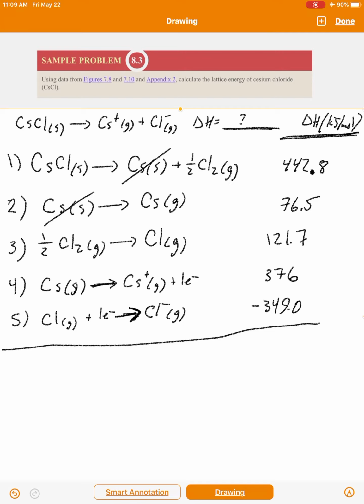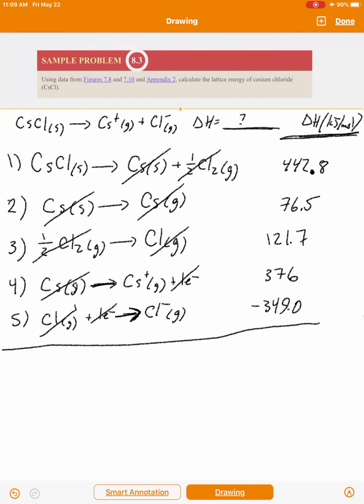So cesium as a solid, that's an S for solid, cancels. Cesium as a gas is on both sides, so it cancels. 1/2 Cl2 gas. It's got to be the same state of matter, right? And then Cl gas. Electrons. And so it looks like we got everything canceled out.